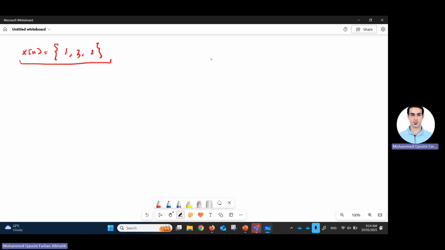So basically this is 0, 1, and 2, that's the time axis, the indices. So at 0, I have a pulse of value 1. At 1, I have a pulse of value 3. And at 2, I have a pulse of value 2. So that's 1, 3, 2. This is my x of n.